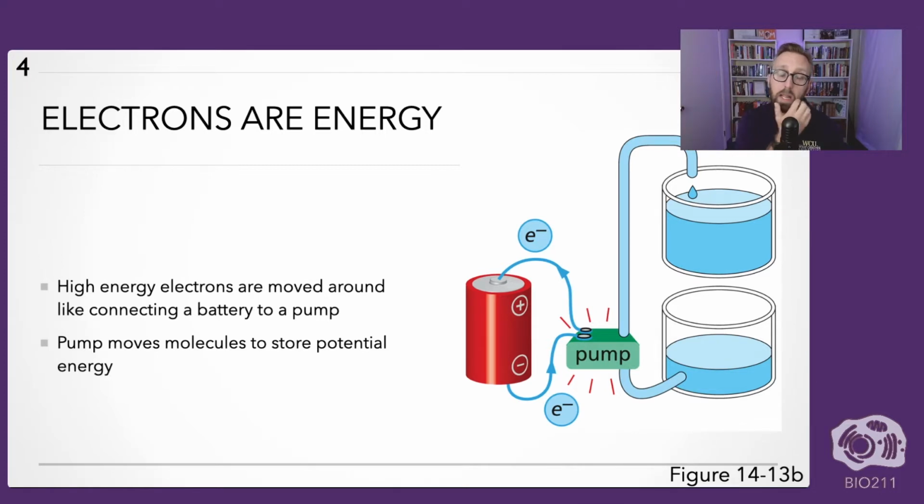There's a battery here to give you this idea that you can use energy to move water, right? You can put it up into a water tower and then it flows out and feeds the town. So that's what you're doing with the energy from the food and the energy from the light, which are the electrons, but you're not storing the electrons. What you're doing is making a gradient. You're moving a molecule to make a high concentration gradient, and that's where you store your energy. Okay?